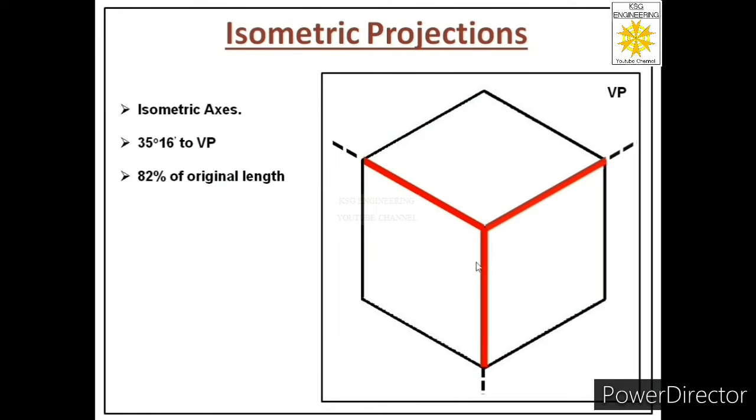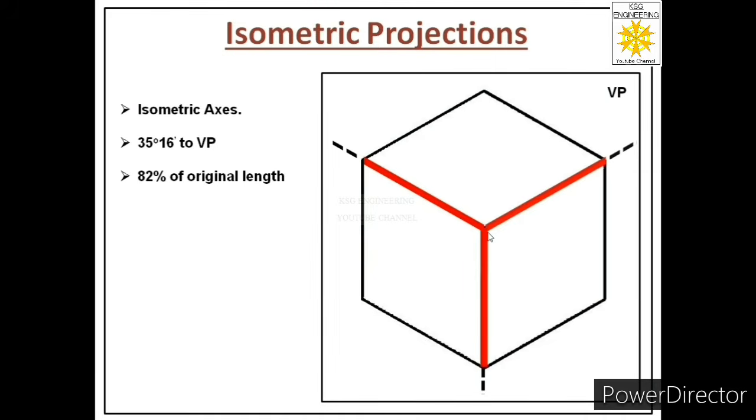So you cannot see their true length from the front. Now in this case, there will be some reduction in the size of these edges. And in isometric projections, the reduction is 18%. That means when we draw the isometric projection of any object, the size of the edges of the object reduces by 18%.